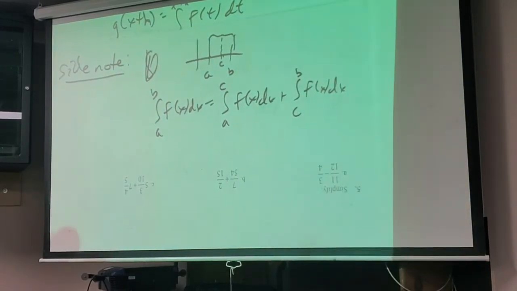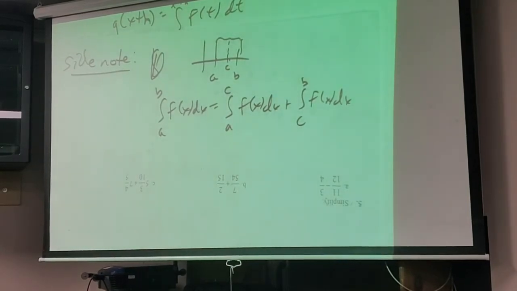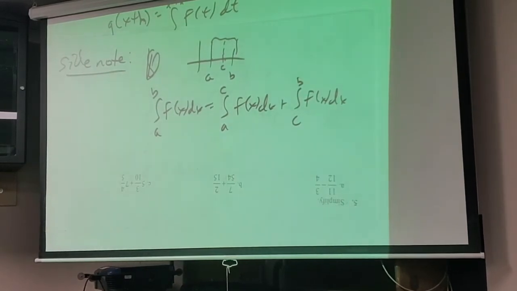All I'm saying is exactly what we just did several times: to get from one side to the other, I can add the first little area plus the next little area. I can break up my areas as much as I want or need to.